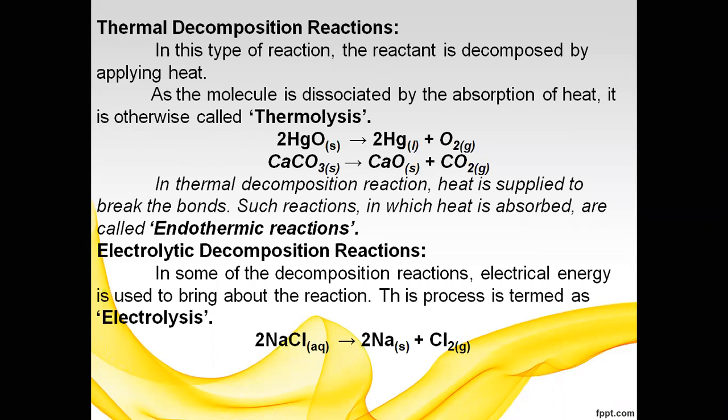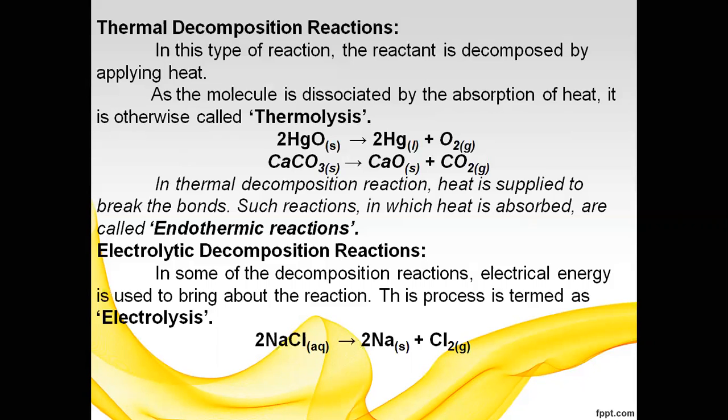For example, we take mercury(II) oxide. Mercury(II) oxide is heated. During the heating process, the mercury(II) oxide is decomposed and divided into two simpler substances, that is mercury and oxygen gas.